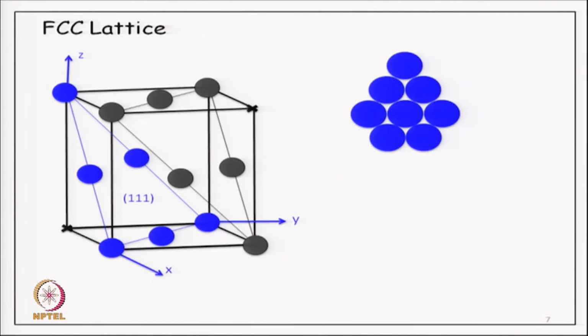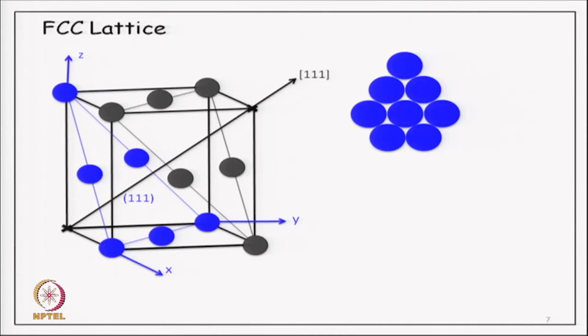Also notice that the 111 planes in a cubic crystal are perpendicular to the 111 direction, and the 111 direction is the body diagonal, which means the 111 planes which we are considering are planes perpendicular to a body diagonal of the cube.